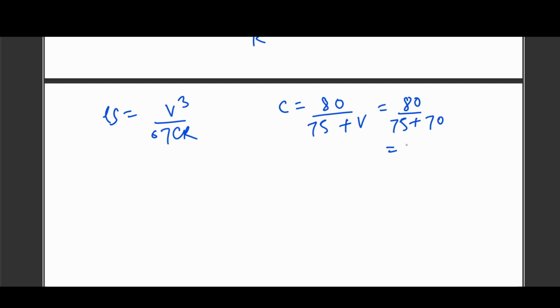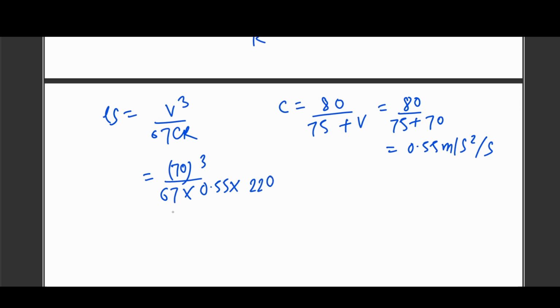So what is its answer? 0.55 meter per second cube. So length Ls equals 70 cube divided by 47 into 0.55 into radius 220. So the answer will be 61 meter.